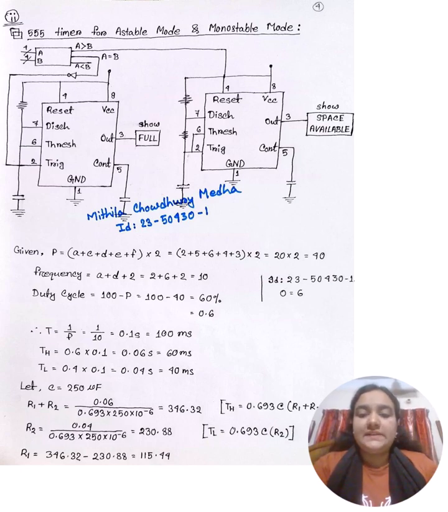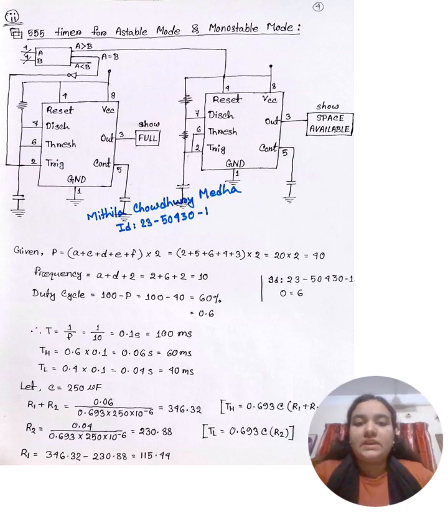So the question is why I use C equal to 215 microfarad. In a 555 timer, astable mode generates a specific blinking rate for the space available display. Here I have three options: 15 microfarad, 215 microfarad and 417 microfarad. If I use 15 microfarad, the resistor values are very large.